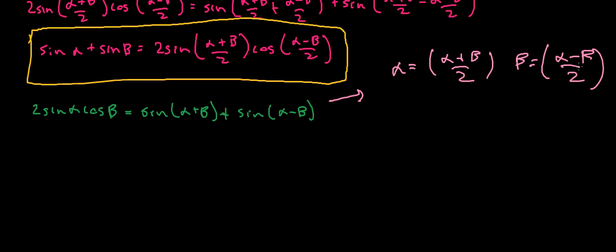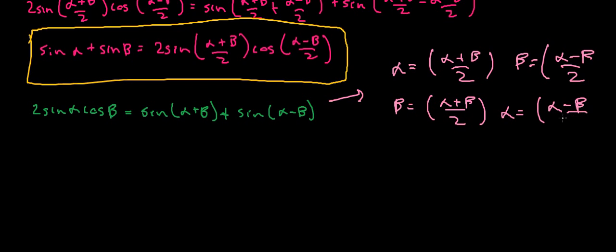But what I can do though is just reverse these. I can do beta is equal to alpha plus beta over 2, and alpha is equal to alpha minus beta over 2. And I did that just by going back to my formula and just thinking about it.